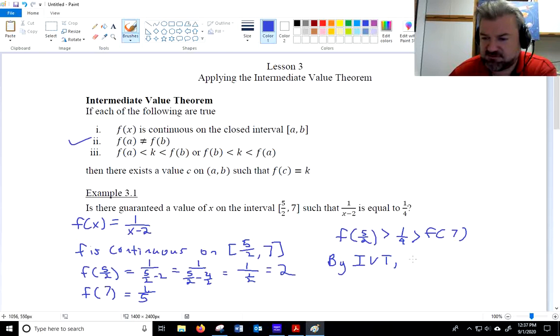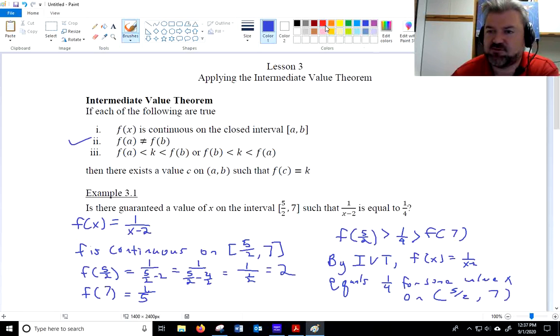By IVT, f of x equals 1 over x minus 2 equals 1/4 for some value x on the open interval from 5/2 to 7.